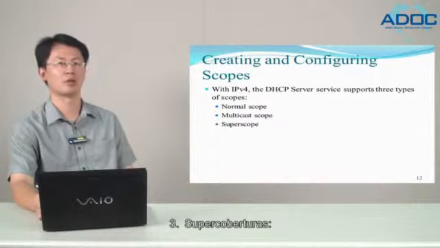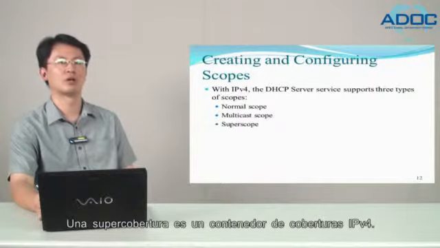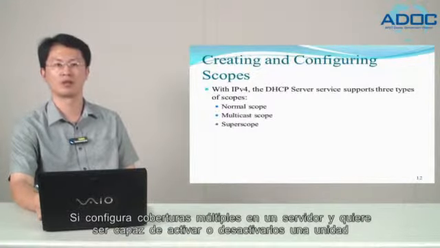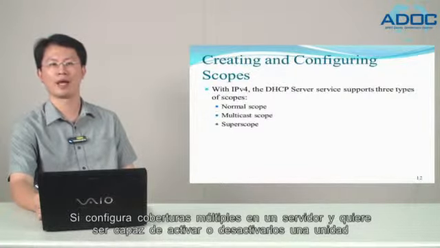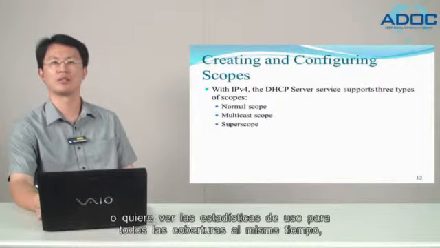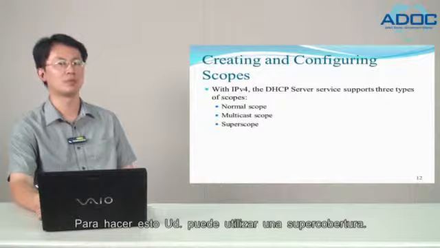Third, superscope. A superscope is a container for IPv4 scopes. If you configure multiple scopes on a server and want to be able to activate or deactivate them as a unit or view the usage statistics for all the scopes at once, you can use a superscope to do this.